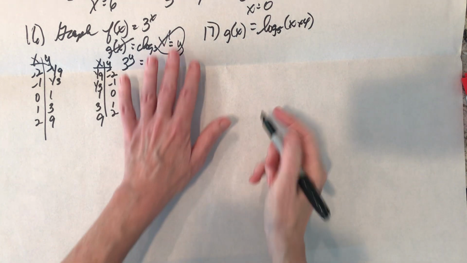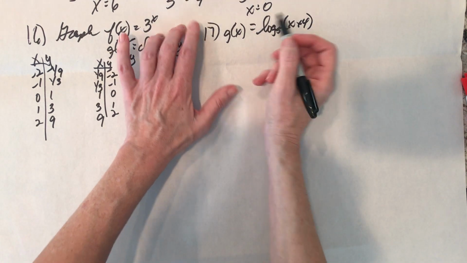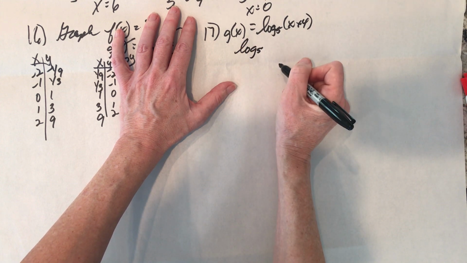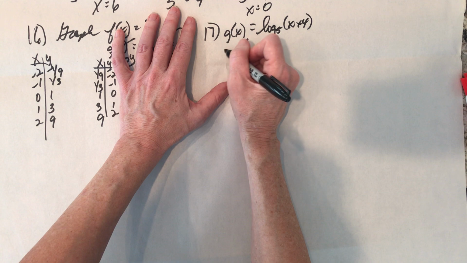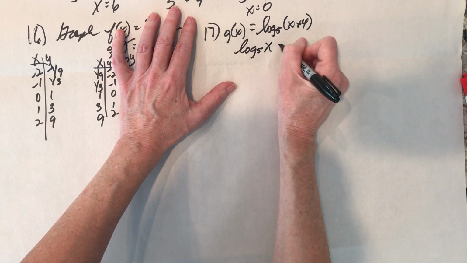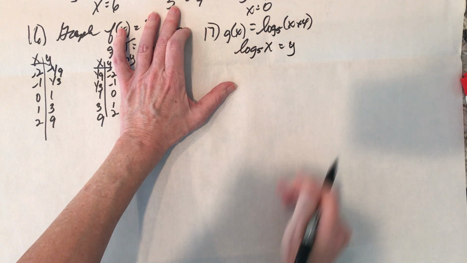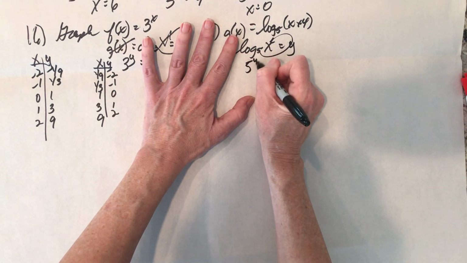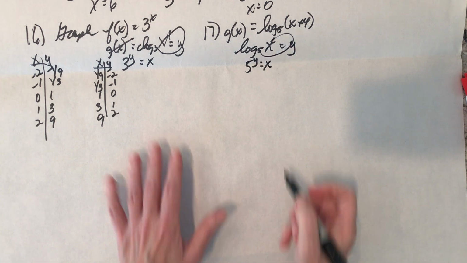Let's look at what we're doing here. Let's first look at log base 5. Let's move the y over here. So we're going to do 5 to the y equals x.